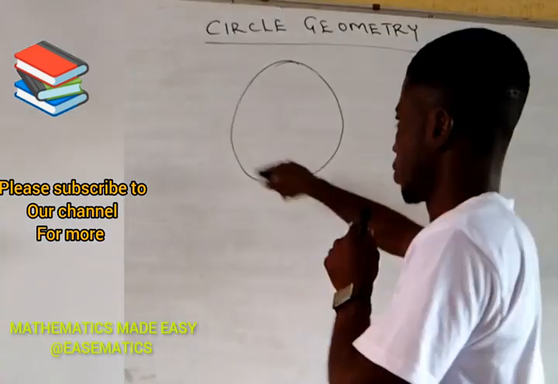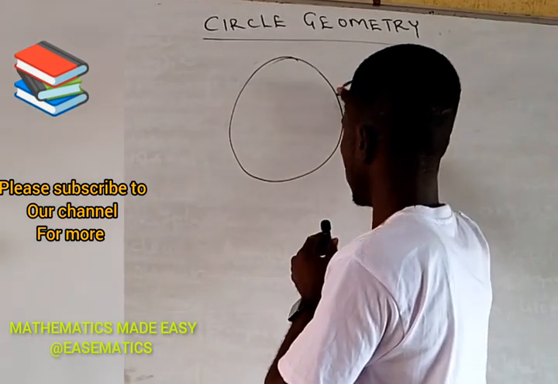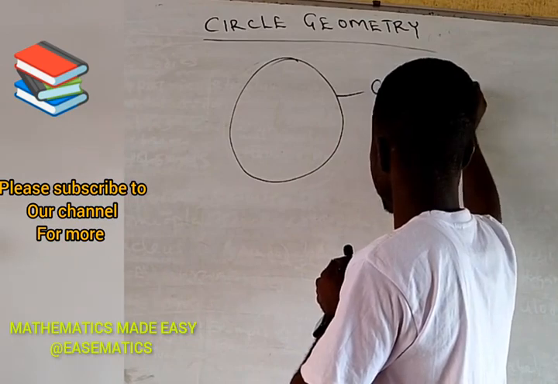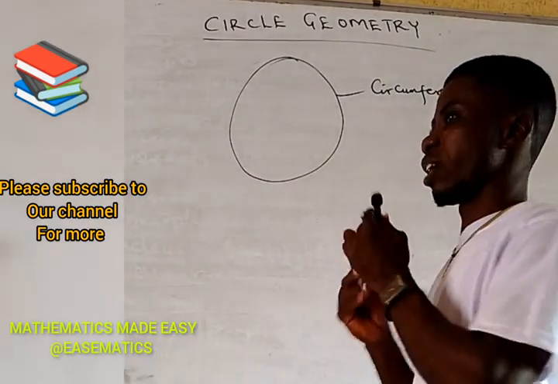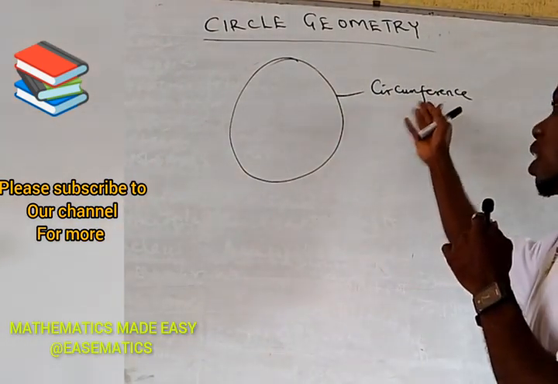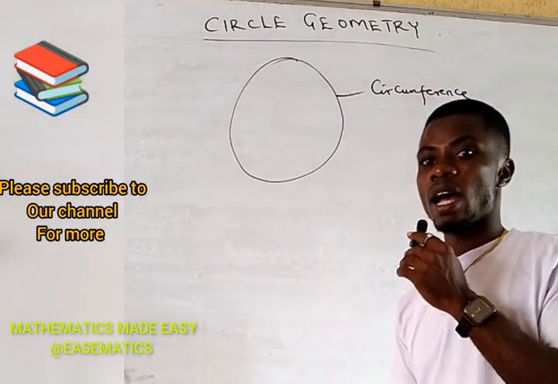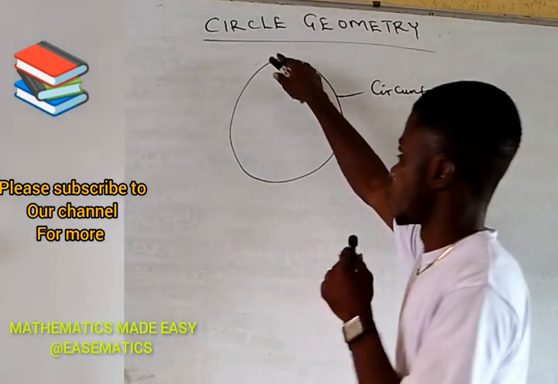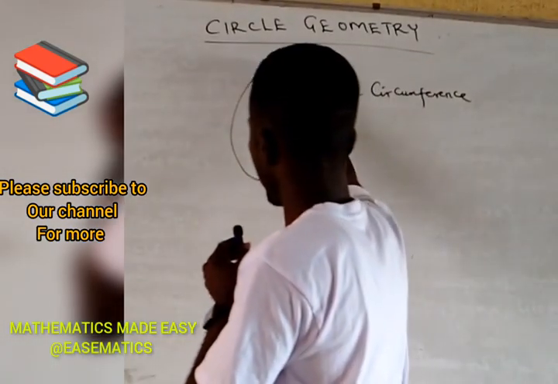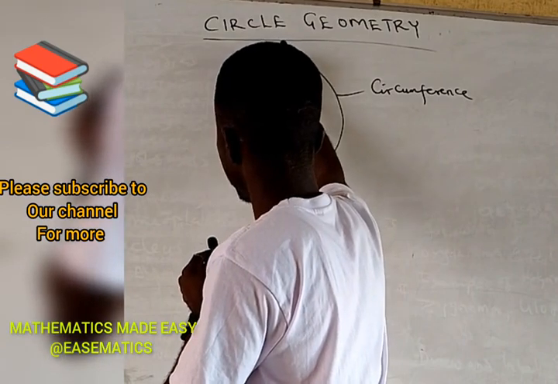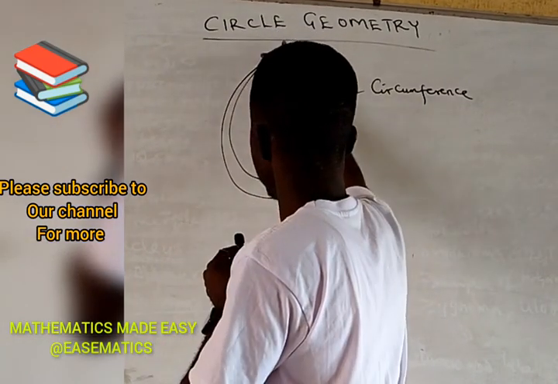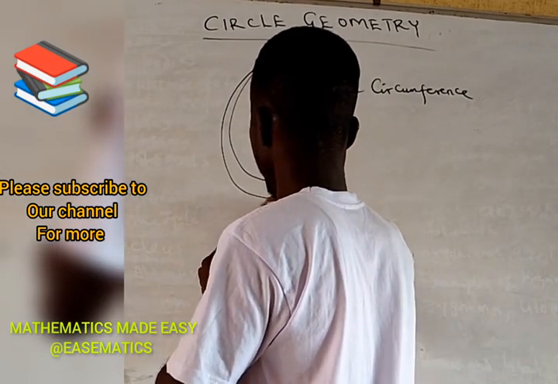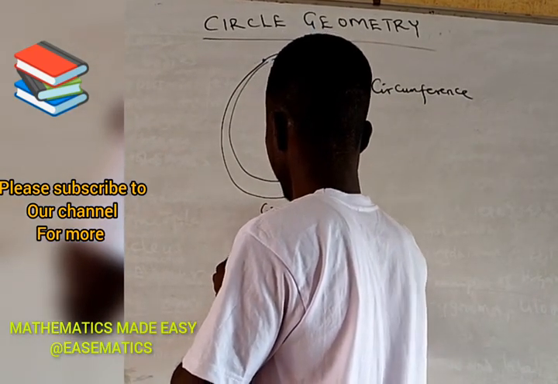So this outer part of the circle is referred to as the circumference. We can define the circumference of a circle as the distance round the circle. So when we run round this circle, the distance that goes round this circle is termed the circumference of the circle.